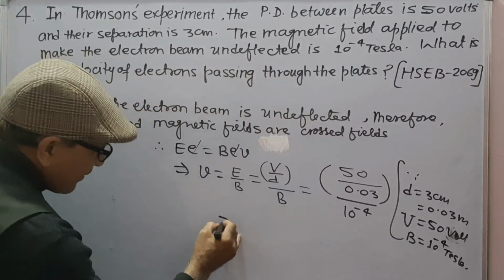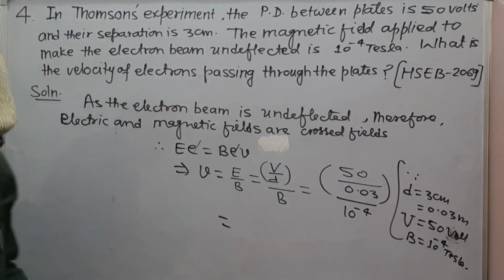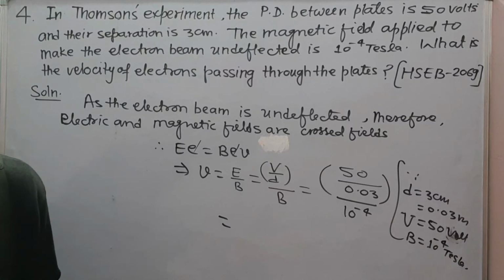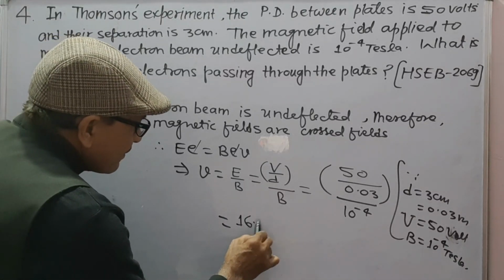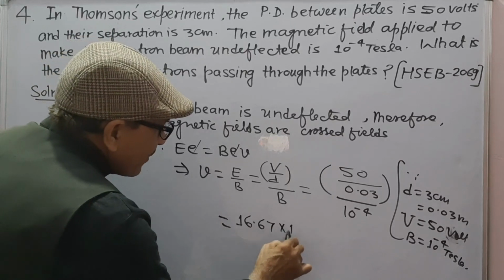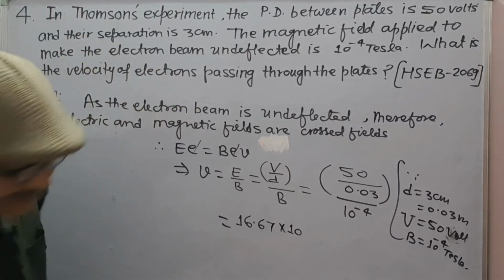So on simplification we get velocity as 16.67 into 10 to the power 6 meter per second.